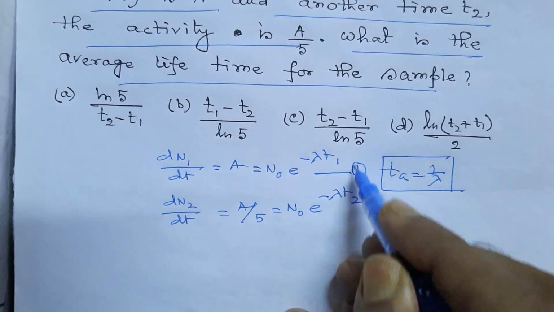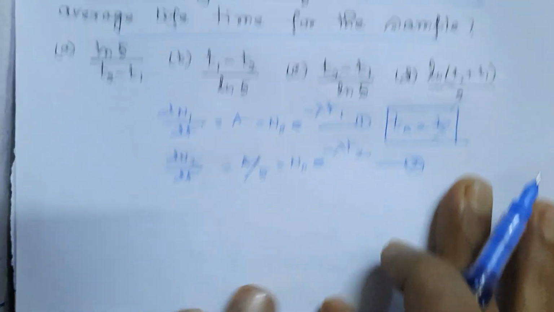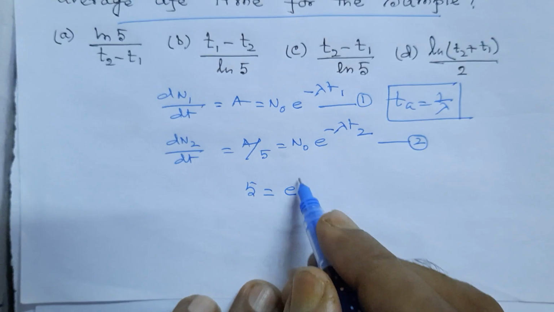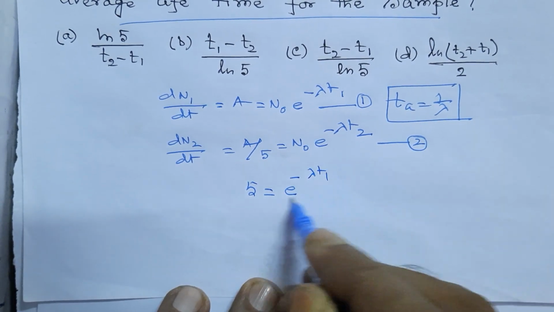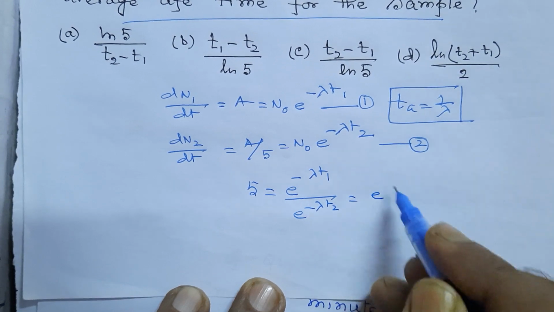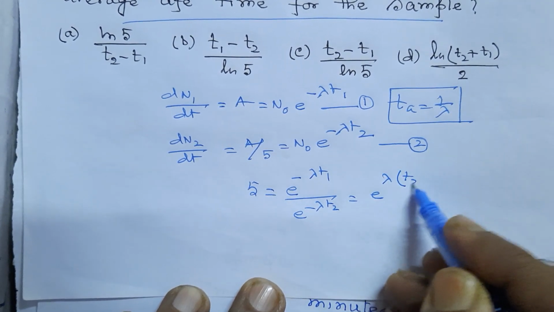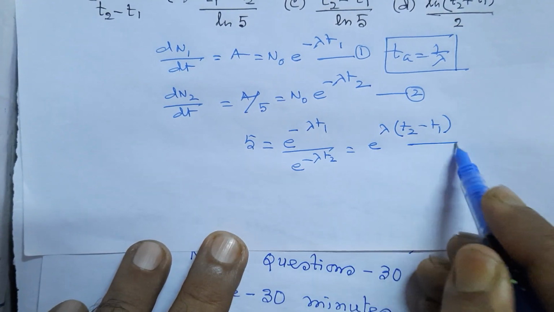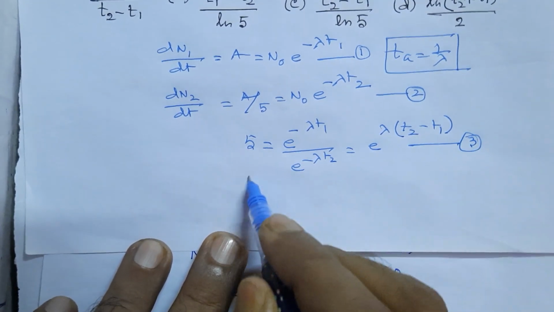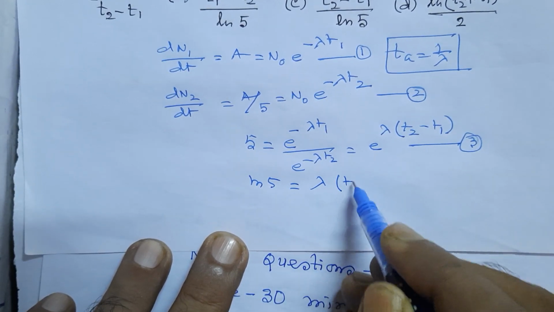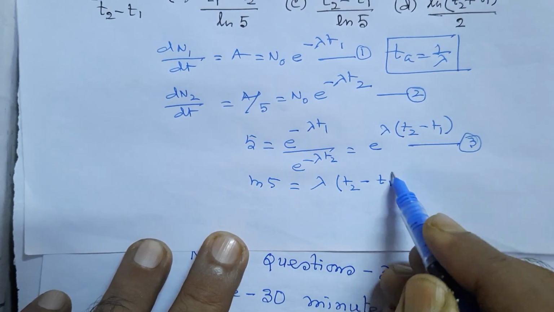Dividing equation 1 by equation 2, we get 5 equals e to the power minus lambda T1 by e to the power minus lambda T2, that is e to the power lambda into (T2 minus T1). Taking log of both sides of equation 3, we get ln 5 equals lambda into (T2 minus T1).